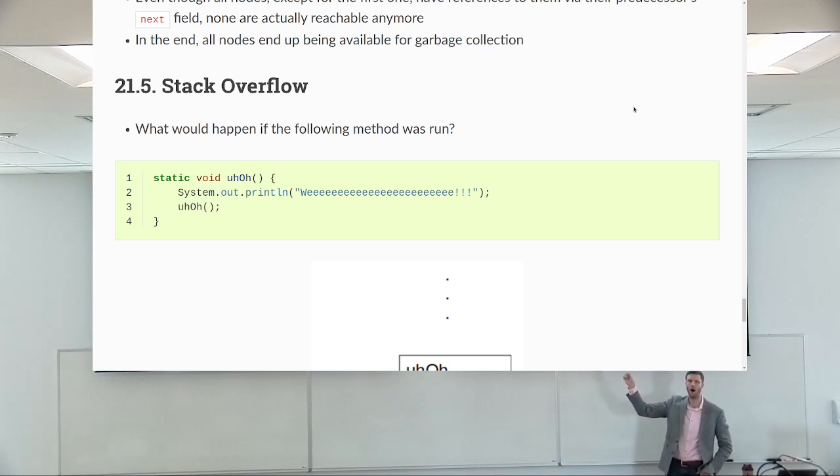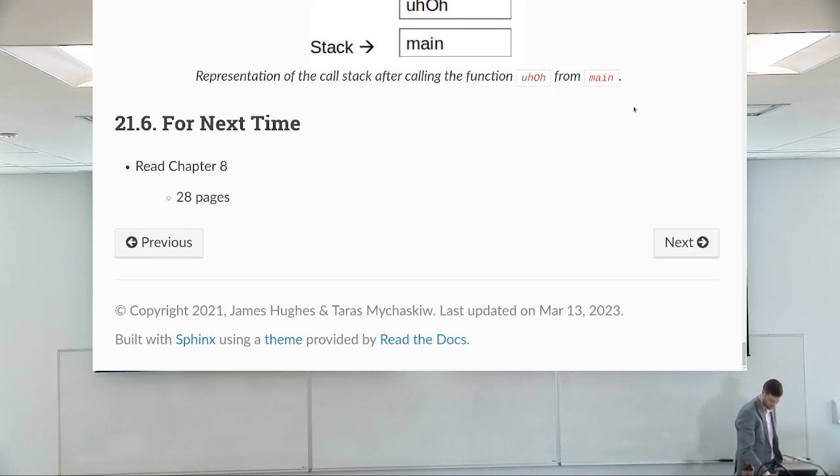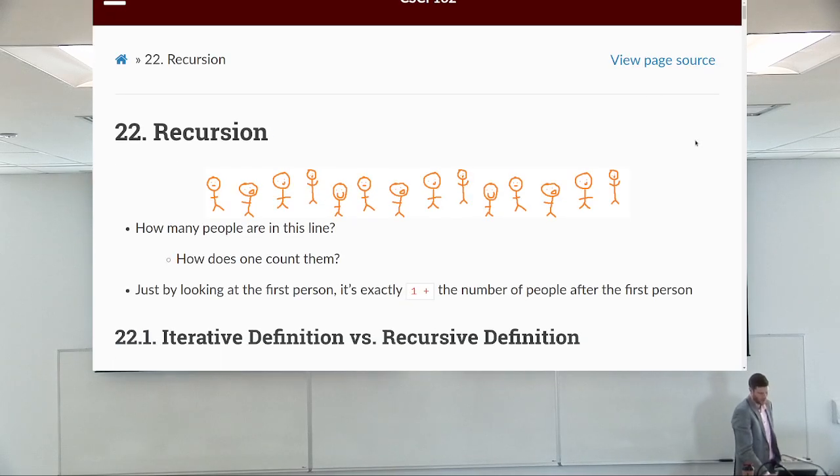The definition includes a call to itself, which is a little funny. But there's nothing wrong with this. There's no rules being broken.